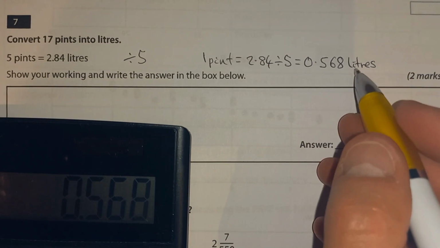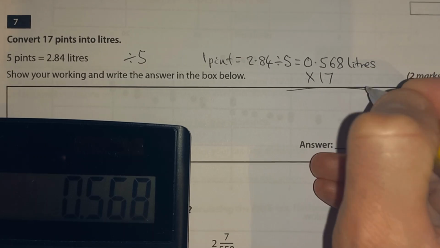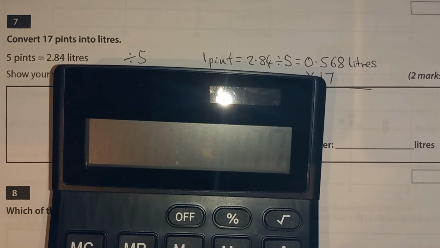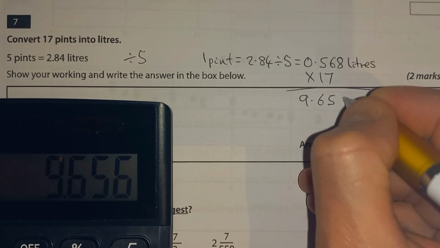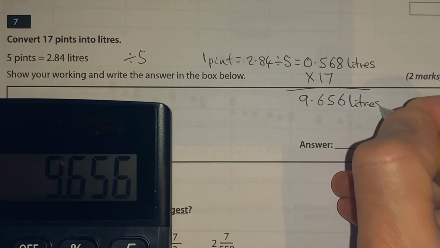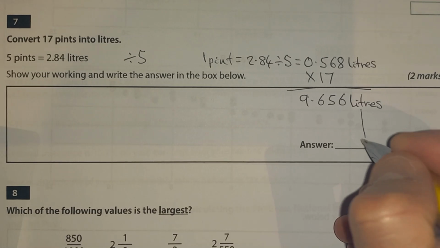Now we want 17 of them, 17 pints. So we're going to multiply that by 17. So I've already got it in my calculator. Just times it by 17. And we get 9.656. And that is now in litres, which we can put in here.